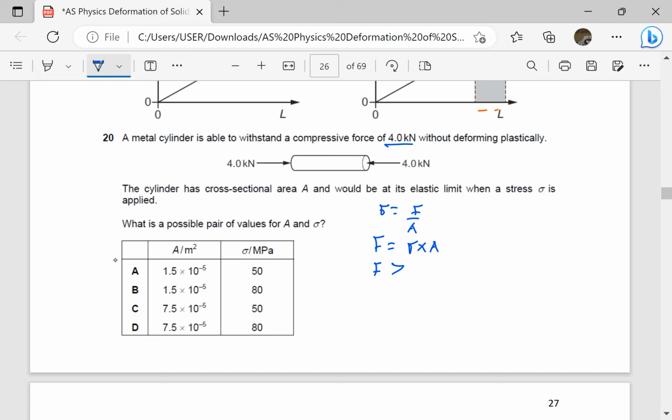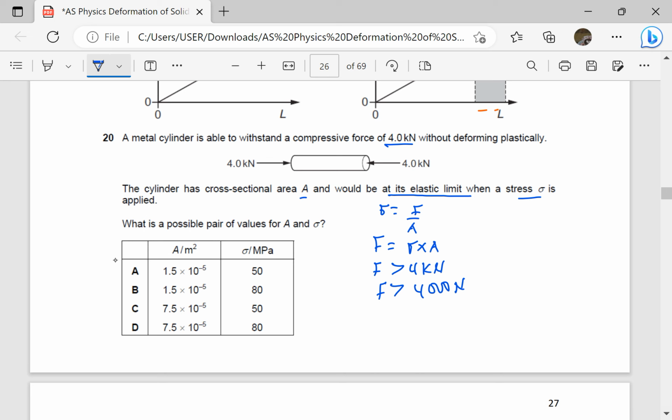So F could be greater than 4 kilonewtons because the cylinder has a cross-sectional area A and would be at its elastic limit when a stress sigma is applied, and we have said the elastic limit could be slightly greater than 4 kilonewtons. So F should be slightly greater than 4,000 newtons.